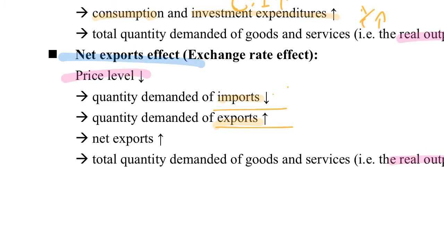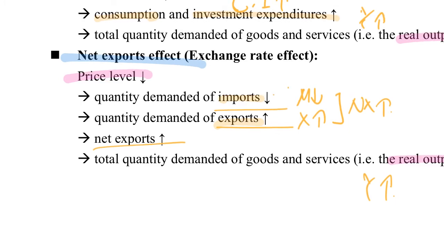So our exports, our goods sold overseas, increase. Now we find that M decreased, X increased. Both of them are an advantage for the net export. Net export increases, and that's why the Y increases.